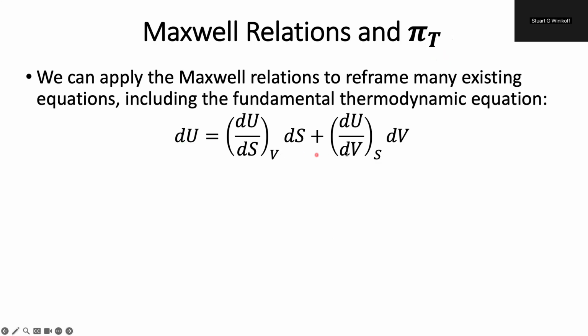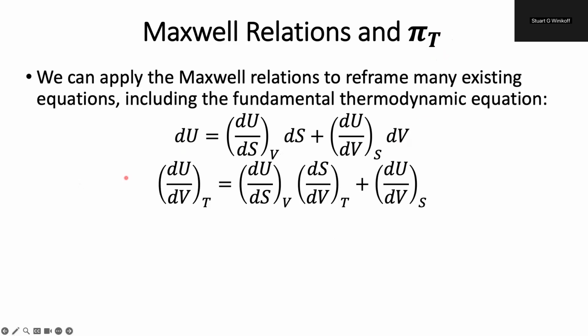So I'm going to divide all sides by dV, which will remove the dV term on this far side, but it does so by introducing it over here. So I'm now dividing the internal energy with respect to volume and entropy with respect to volume. I'm going to do so by holding temperature constant in both cases. I'm going to keep that as my fixed variable. And now we've got a decent relationship for how internal energy changes with respect to volume under isothermal conditions.